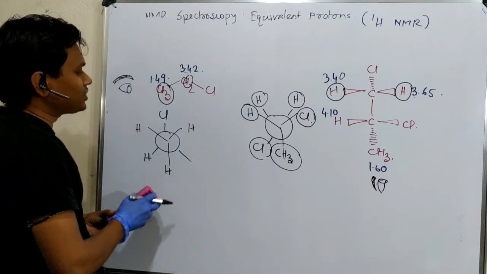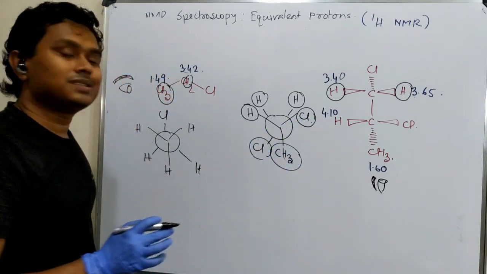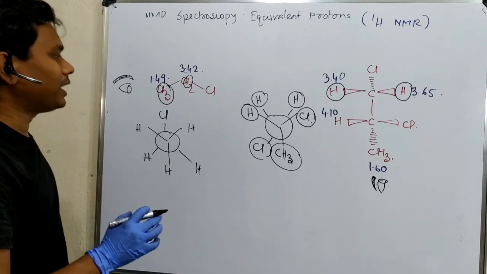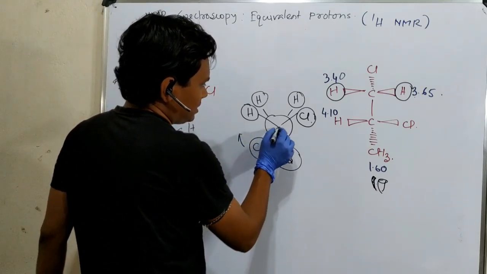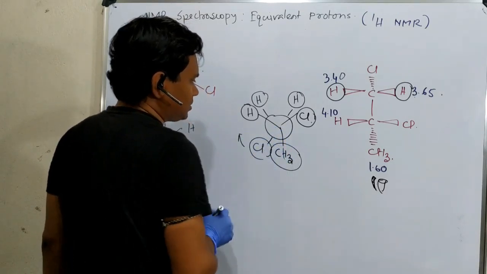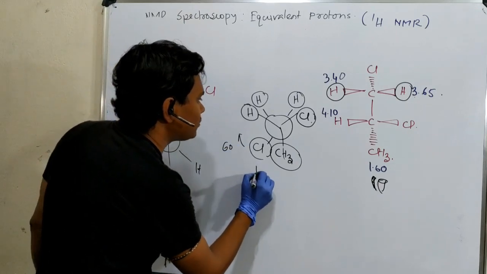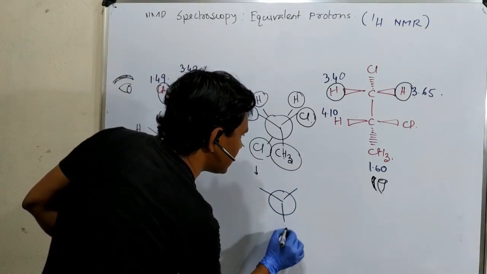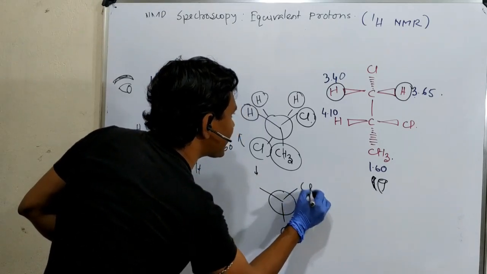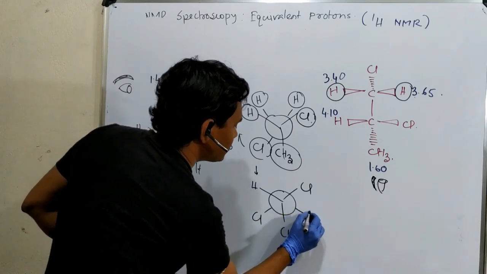Okay, I have drawn it based on this conformation, but you can change the conformation by rotation of this molecule. For example, you can rotate this 120 degrees, 60 degrees. Okay, 60 degrees. What will the rotation result in? Just the front side will remain exactly the same. Let's rotate the back side. Back means Cl, hydrogen.